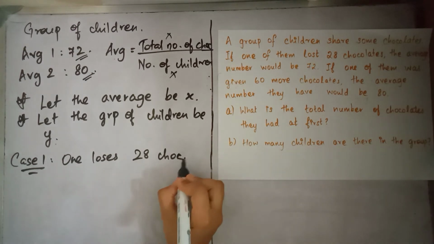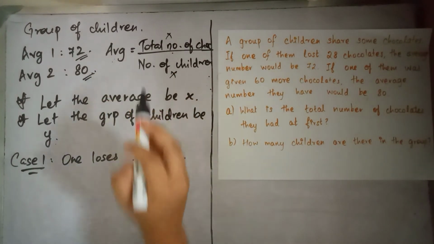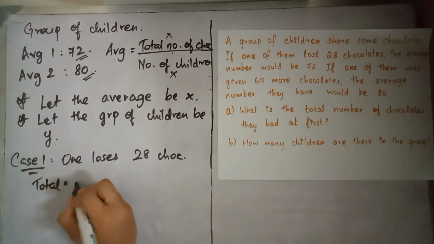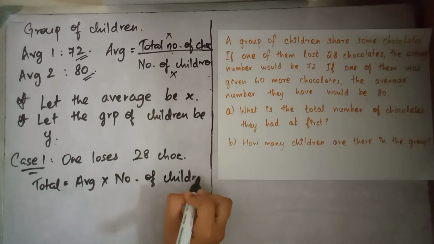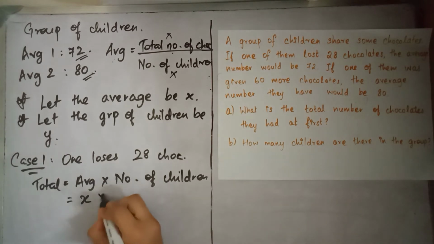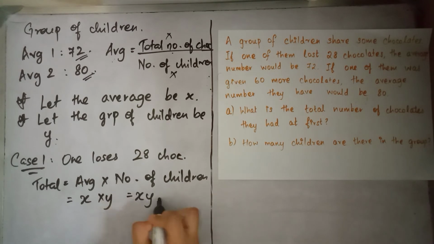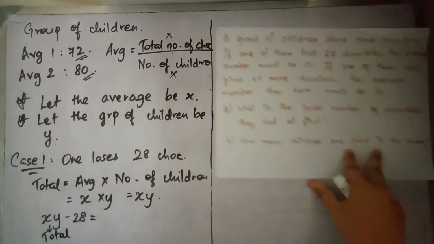Okay, in terms of x and y, what will be the total? Total is equal to average into number of children. We have taken the average to be x and the number of children to be y. So the total is xy. And if one loses 28 chocolates, then the average would be 72.